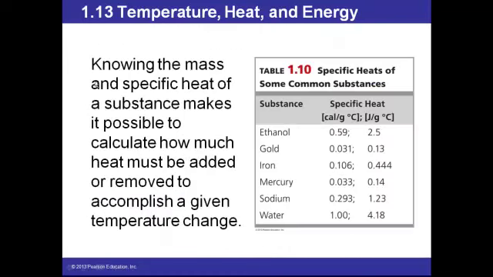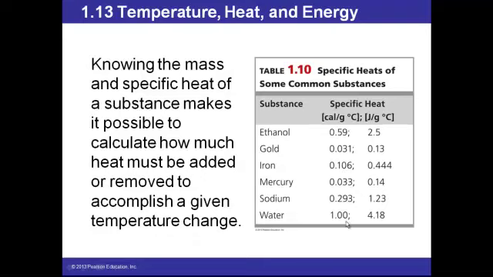So if we know the mass and the specific heat of a substance, it makes it possible to calculate how much heat has to be added or removed to accomplish a given temperature change. So you can see some of the specific heats of different compounds. The specific heat of iron is very low. It's only a tenth. So 0.1 calories is enough to change 1 gram of iron by 1 degree Celsius.